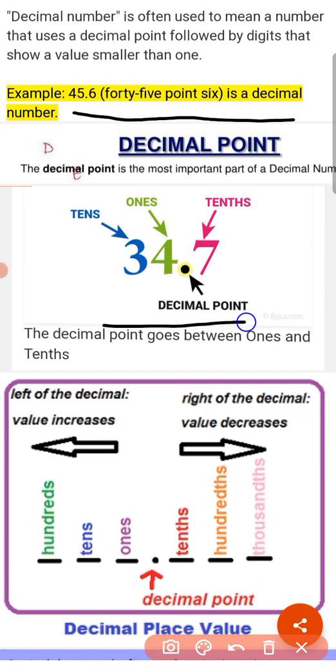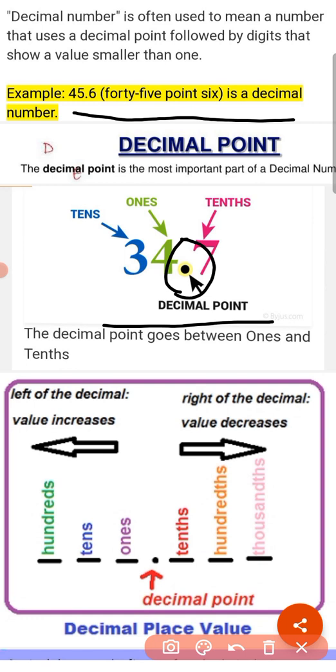In this example, we read this as 34.7. The decimal point goes between ones and tens. This is the decimal point, in between the places ones and tens.